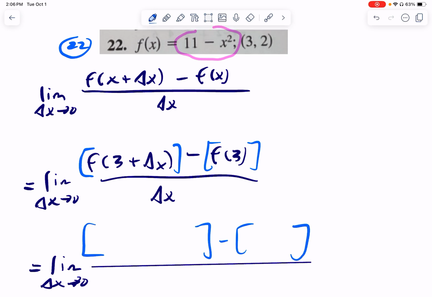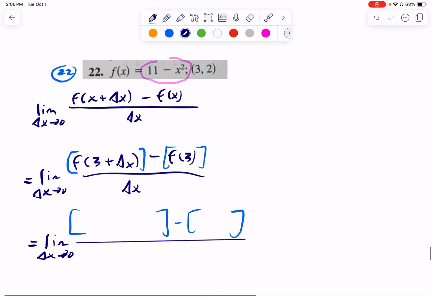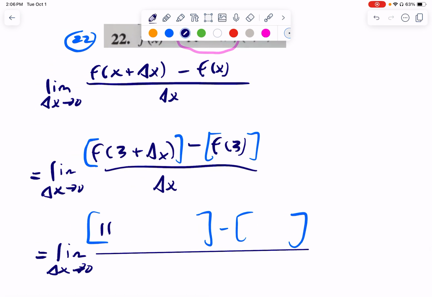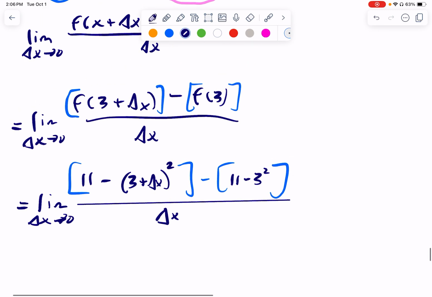If I apply that rule to 3 plus delta x, again, the rule is 11 minus input squared. So this would be 11 minus 3 plus delta x squared. Over here, it would be 11 minus 3 squared. So now I'll do algebra and hope that things simplify. Let me add a page here.